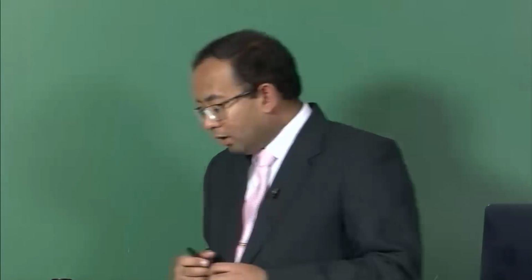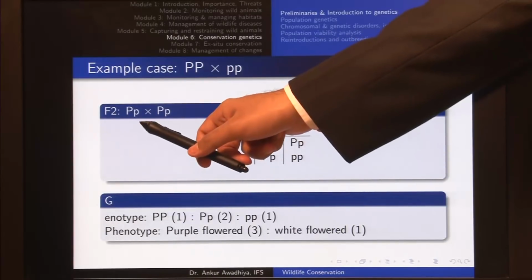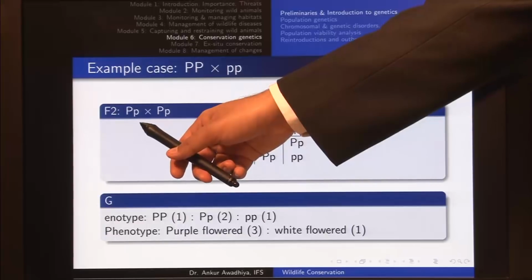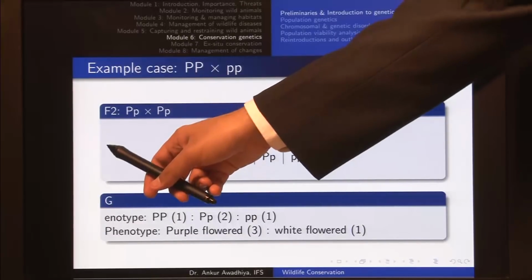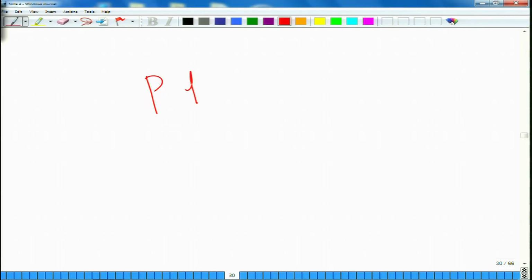Now if we perform a cross between the individuals in the first case, we had all the individuals that were capital P and small p. Now we are doing an inbreeding experiment here in which we are breeding between both of these. Now the law of segregation will say that suppose this is the male plant, so the male plant will give out sperms in this fashion. So we have a capital P and a small p.